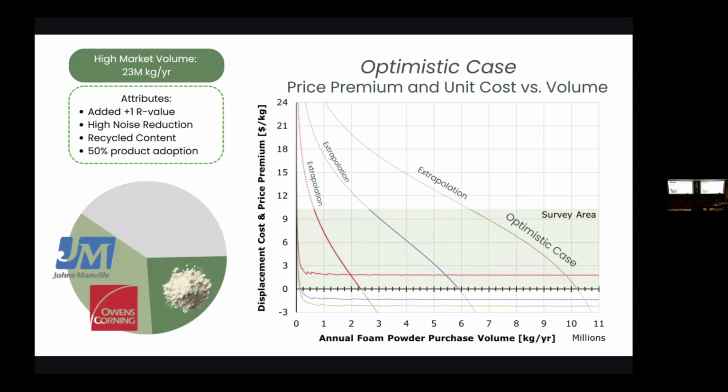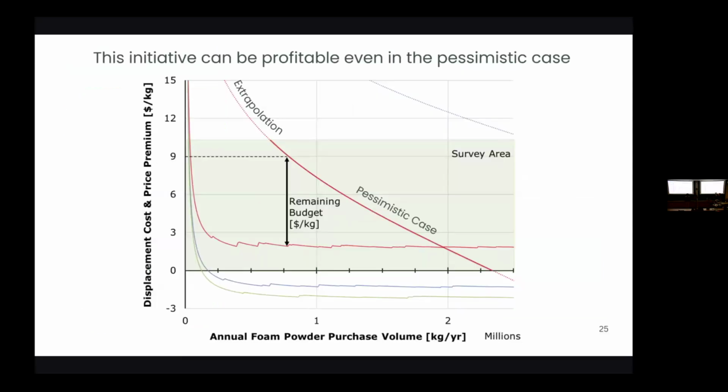Even in the most pessimistic case, where we assume no cost savings, weakest demand, smaller partners, there is still a gap between the price premium, what customers are willing to pay, and displacement cost, what it costs manufacturers to implement.